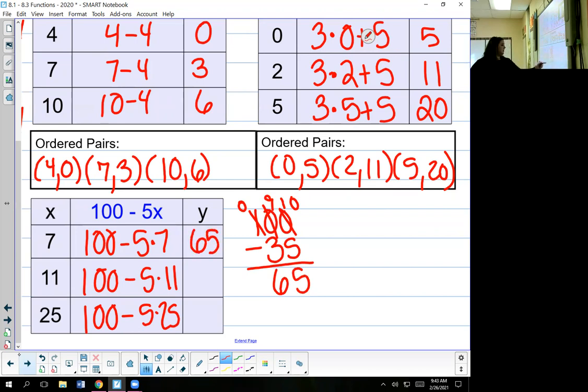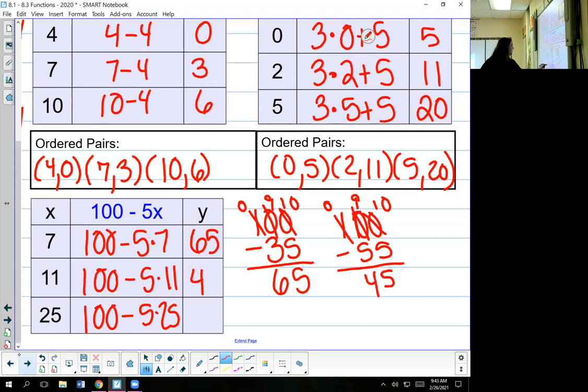Okay, next one is 100 minus 55, which is 45. And then $1 minus 5 quarters. 5 quarters is $1.25, right? So 100 minus $1.25, you're actually in the negative 25, but that one's just like an extra little thing there. So be careful that you are following the order of operations.